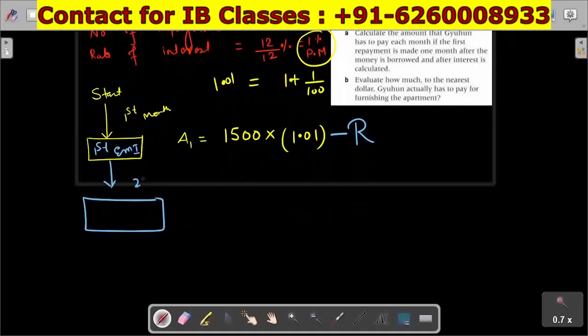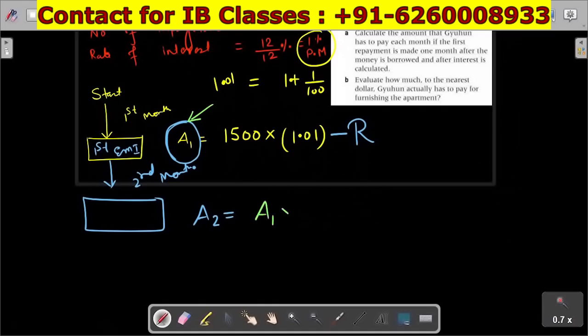Similarly, for the second month, first of all, how much total due will I have? After the second month, I have to pay interest on this A1, because A1 is my total due after the payment of the first EMI. So how much total due?